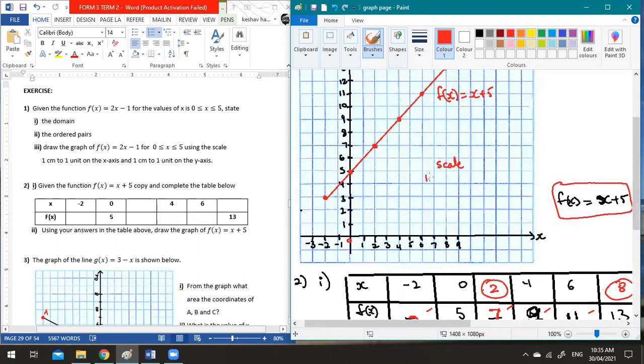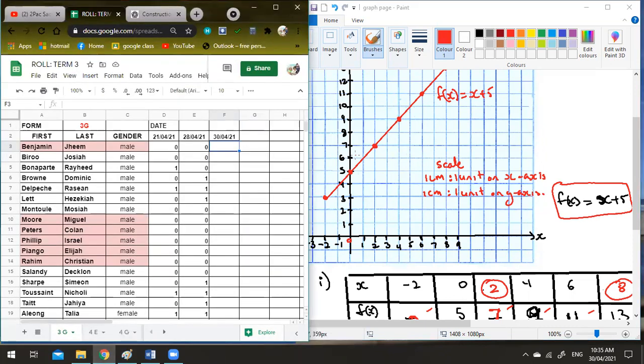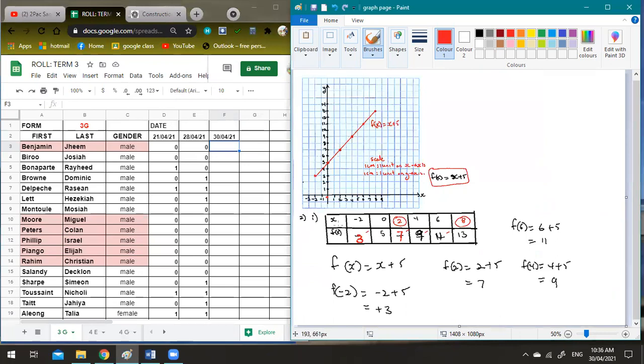So your scale is 1 centimeter to 1 unit on the x-axis and 1 centimeter to 1 unit on the y-axis. Right? While you're doing that, let me take the rule quick. So what is the number on the 6? 11. That should help you out a little bit, right?